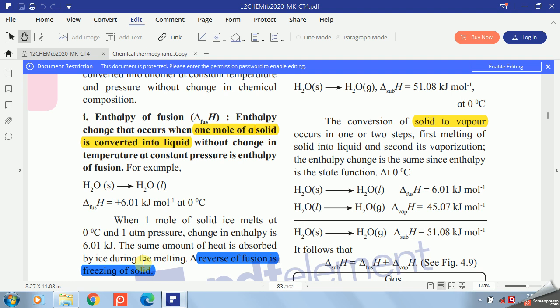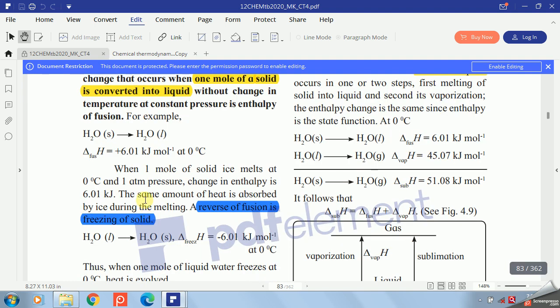What is the opposite process for fusion? It is freezing. At 0 degree, your water in the liquid state gets converted into ice. For this reverse conversion, H2O liquid to H2O solid, the value is the same but with a negative sign. So the enthalpy of freezing is minus 6.01 kilojoule per mole at 0 degree, and that much amount of heat will be given out by the liquid water to convert into ice.